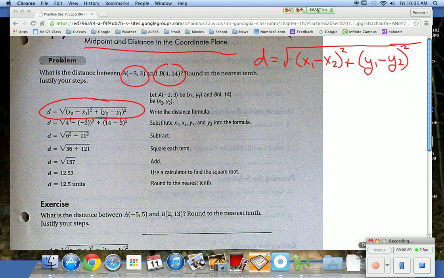You can go x1 minus, in this case, minus 2 minus 4, and then 3 minus 14. Go in that order. You don't have to go this way every time. I like doing it in order. So I'm going this x minus this x, this y minus this y.